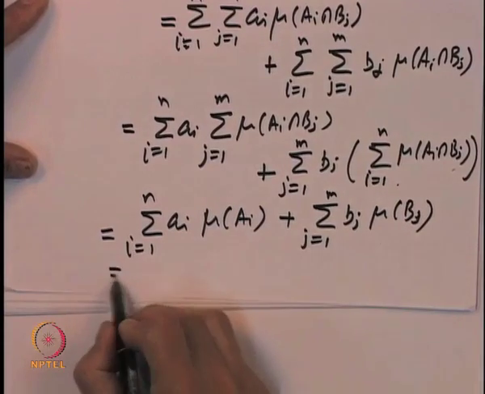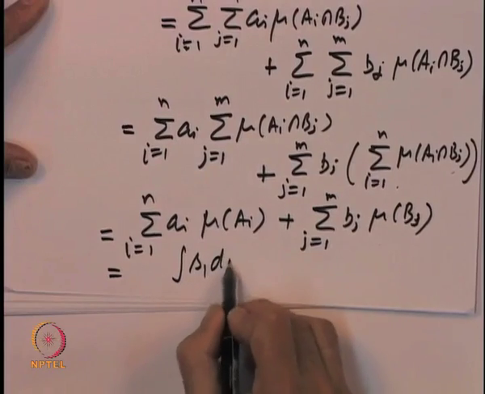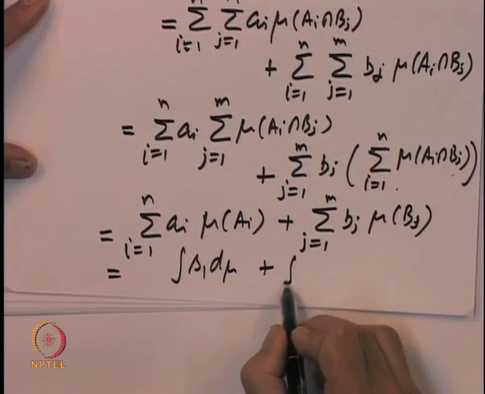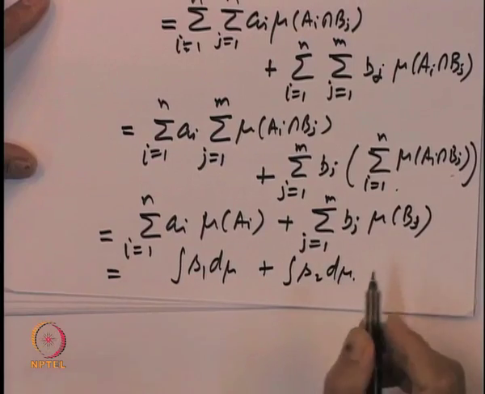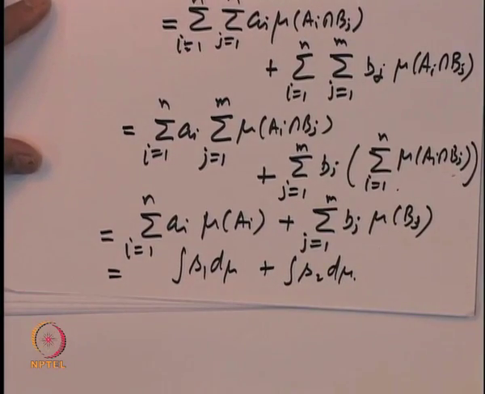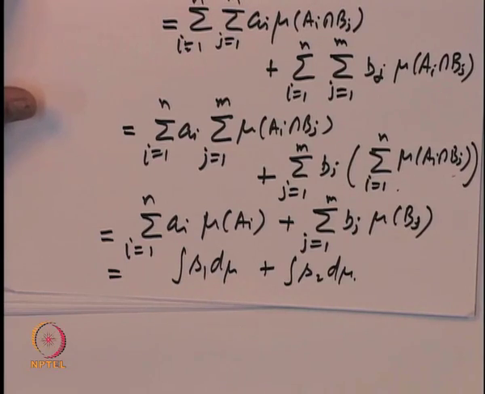And now, clearly this is the integral of S 1 d mu plus the integral of S 2 d mu. So, that proves the fact that integration is a linear process.